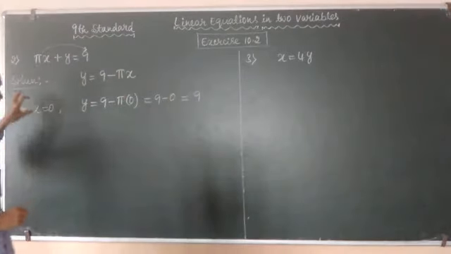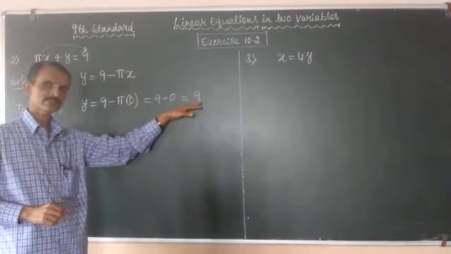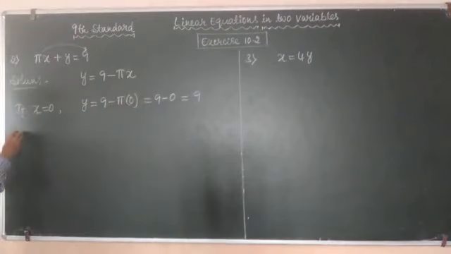So if x equals 0, then y value will be 9. So now then, we have to find out the four solutions.